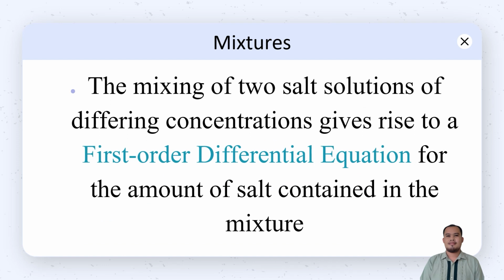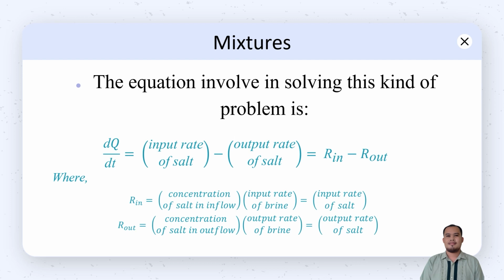Mixtures: the mixing of two salt solutions of differing concentrations gives rise to a first-order differential equation for the amount of salt contained in the mixture. The general equation involved in solving this kind of problem is dq over dt equals the input rate of salt minus the output rate of the salt, or in symbols, R sub in minus R sub out, where R sub in is equal to the concentration of salt in inflow times the input rate of the brine.